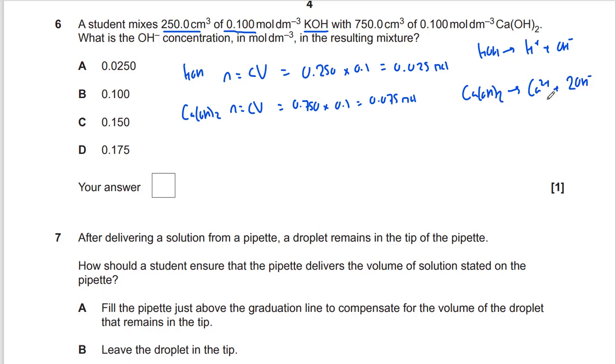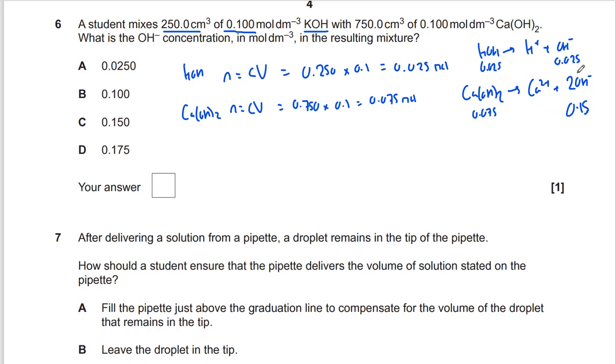So you've got a 1 to 2 ratio. If I have 0.075 here, I'm going to have to double that for the amount of OH. So 1 calcium hydroxide produces twice as much OH-. So actually the amount of moles of OH- produced in this part is 0.15 moles. So in this first one, remember, 0.025, 1 to 1, 0.025.